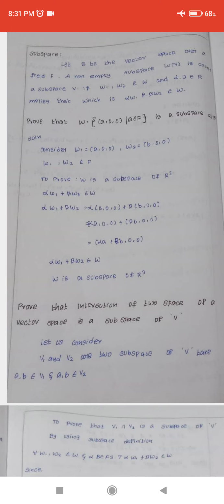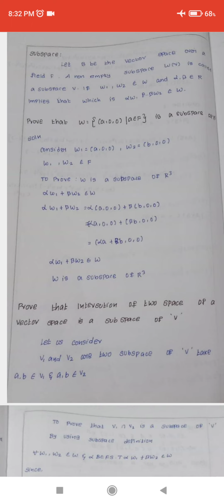Multiplying alpha and beta through, we get (alpha a, 0, 0) plus (beta b, 0, 0). Adding, we get (alpha a plus beta b, 0, 0), which is in W. So alpha W1 plus beta W2 belongs to W. So W is a subspace of R cube.